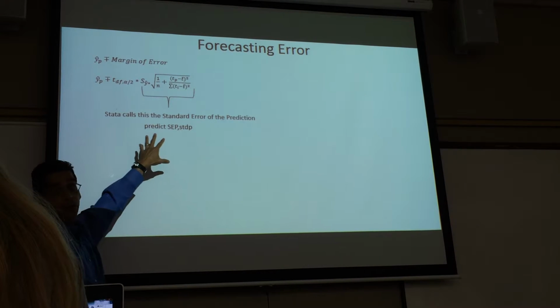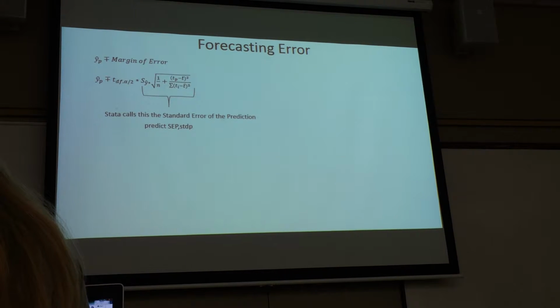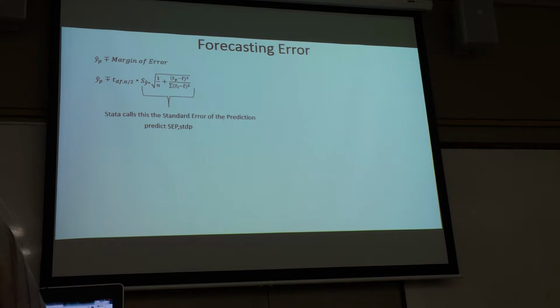Remember, predict will save the regression, but if we add this option STDP, it will generate what's called the standard error of the prediction. So I gave it the name SEP, standard error of the prediction. It's a post-regression command. Remember, if we use the command predict SEP after we run a regression, what would SEP be? Same version. It would be the regression.